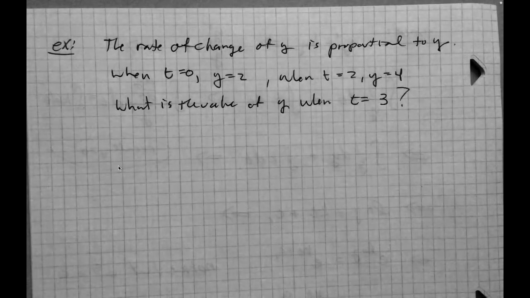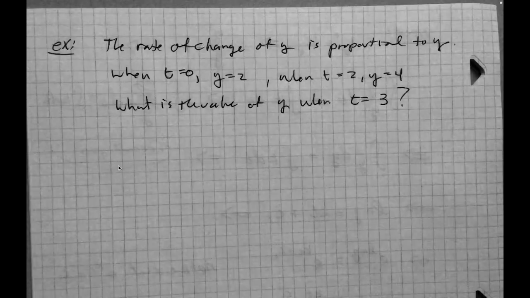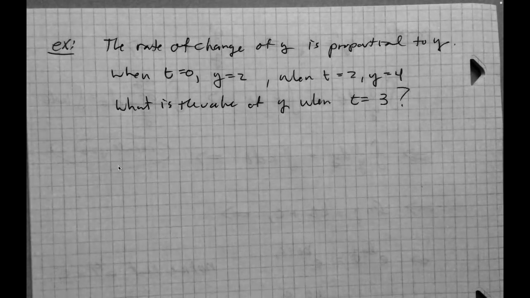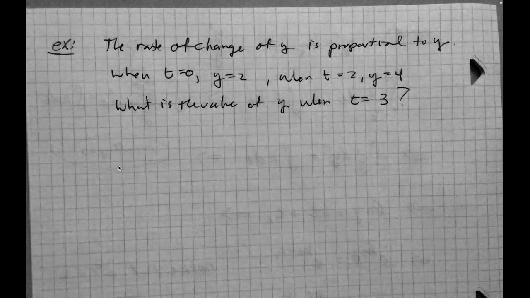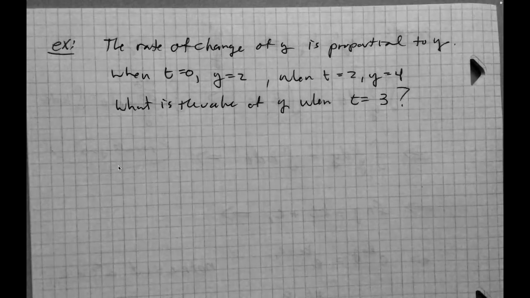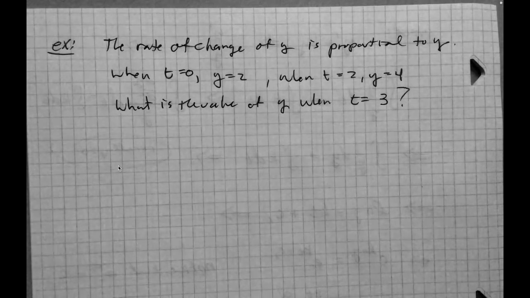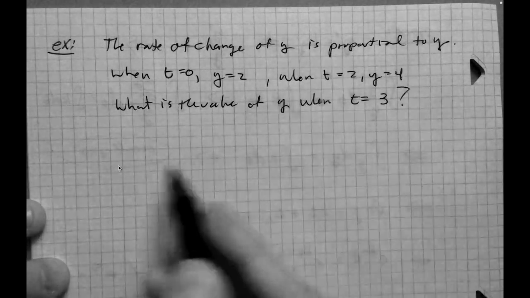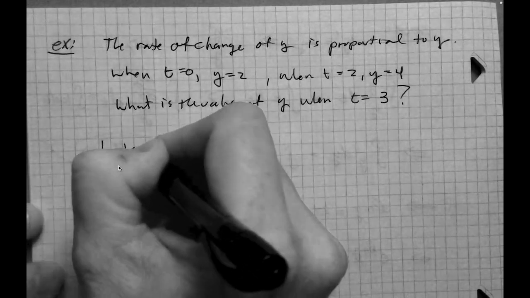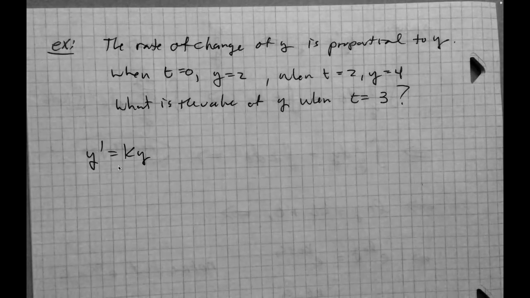So we're given two initial values here, when t equals 0 and when t equals 2, and we need to know what happens when t is equal to 3. We know the equation is y prime equals ky just based on the wording: the rate of change of y is proportional to y.